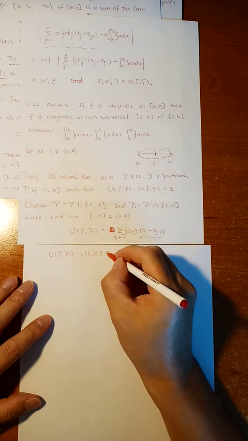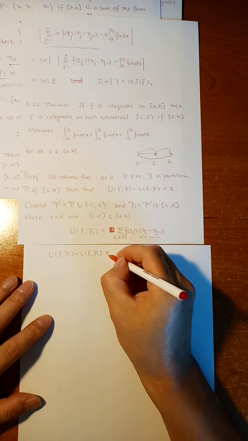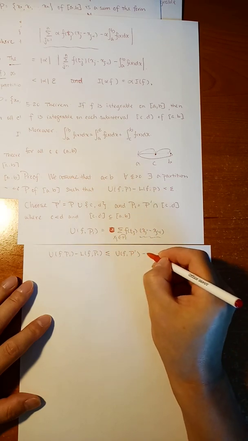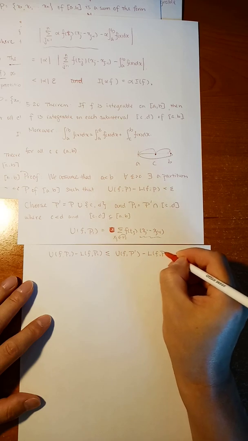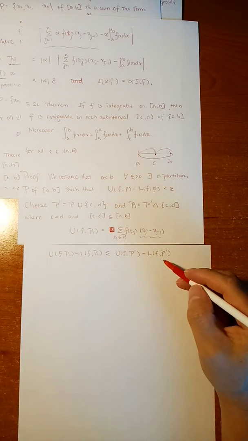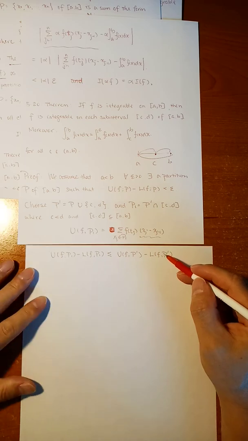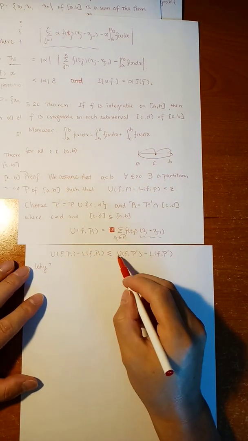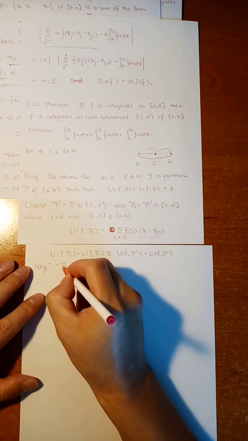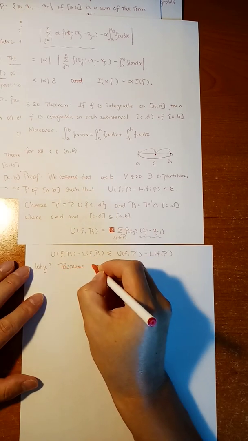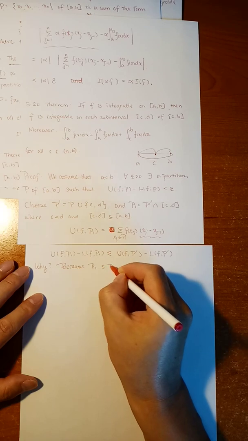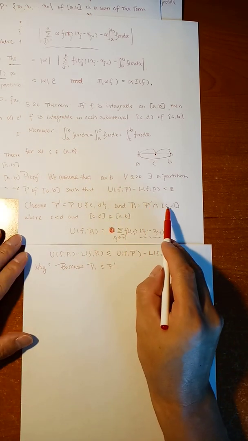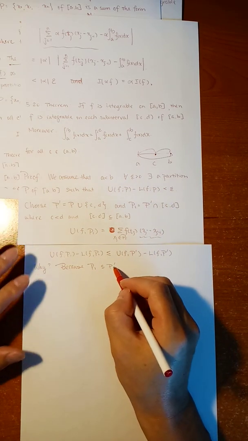Okay, no. Yes, it's going to be less than or equal to U(f,P') minus L(f,P'). Why? It's because P1 is a subset of P prime. So you see here, P1 is P prime intersected with [c, d]. So P1 is a subset of P prime.